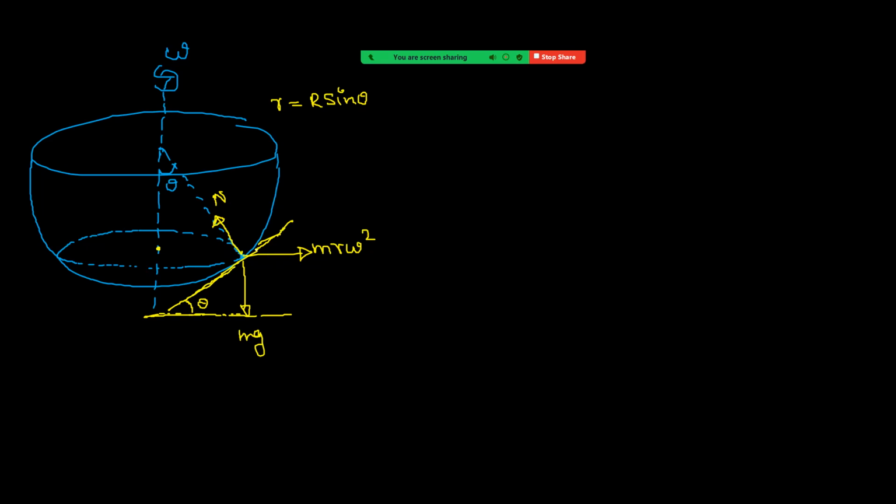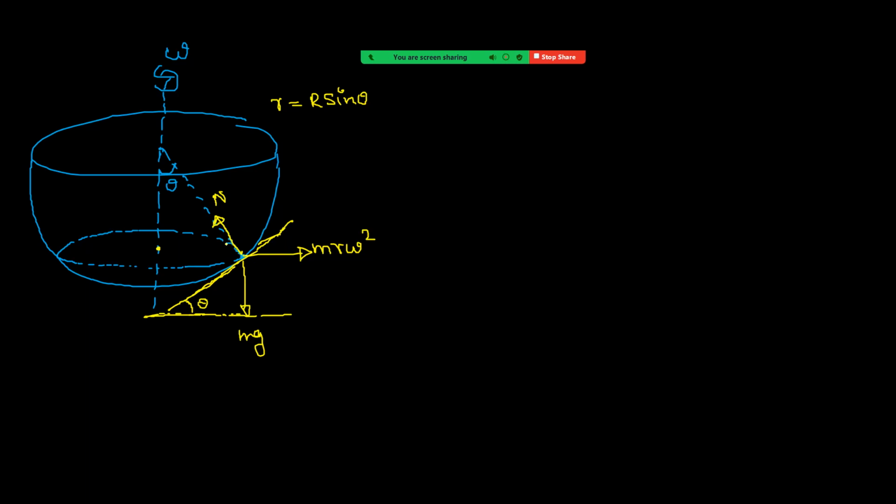This incline looks just like a road where the outer edge is elevated, with mg, normal reaction and centrifugal force. And we have taken that along the road net force equal to 0. So exactly the same logic: for this block, along the tangent, net force equal to 0.